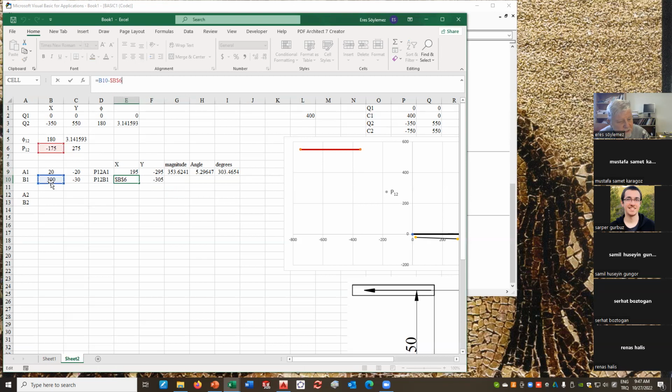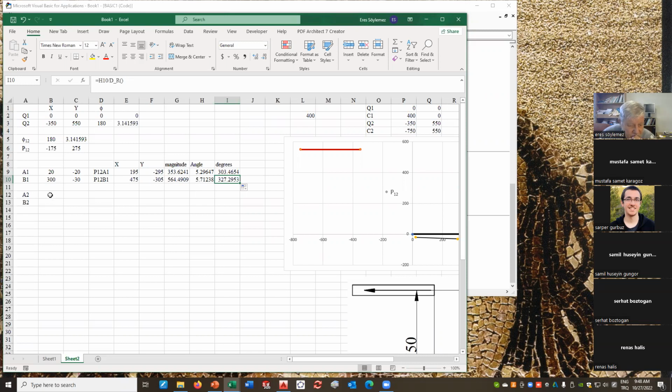Look, it is B1 minus P12, x coordinate, B1 minus P12, y coordinate. And magnitude, the same thing. Angle, I don't have to type all those again. Is that okay?